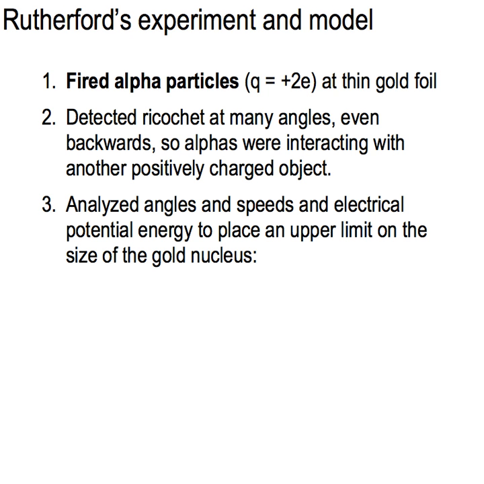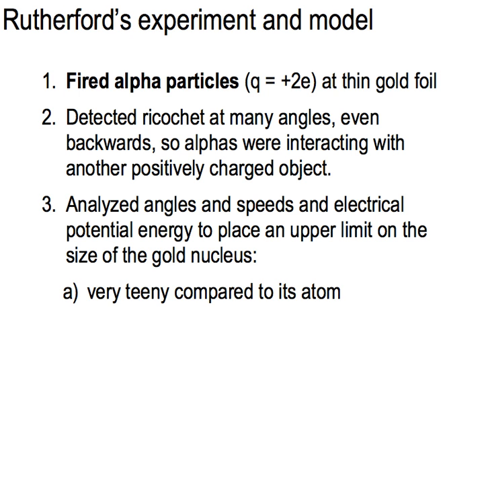Well, they knew the speeds of the alpha particle, so they figured out its kinetic energy and so forth. Then they worked out from that the electrical potential energy for whatever this charged object was that they were interacting with. And they were able to figure out, okay, it's got an upper limit on its size. In other words, we know it cannot be larger than this certain size.